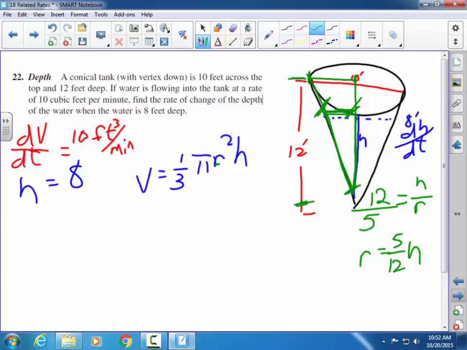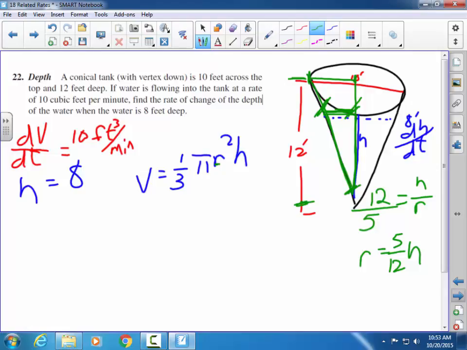Okay? Now, that's not pretty, but that's the fact of what it is. Students always want to plug in this 8 right now and make that a nice number. You can't do that. You don't want to plug in this 8 into the problem until you have taken a derivative.